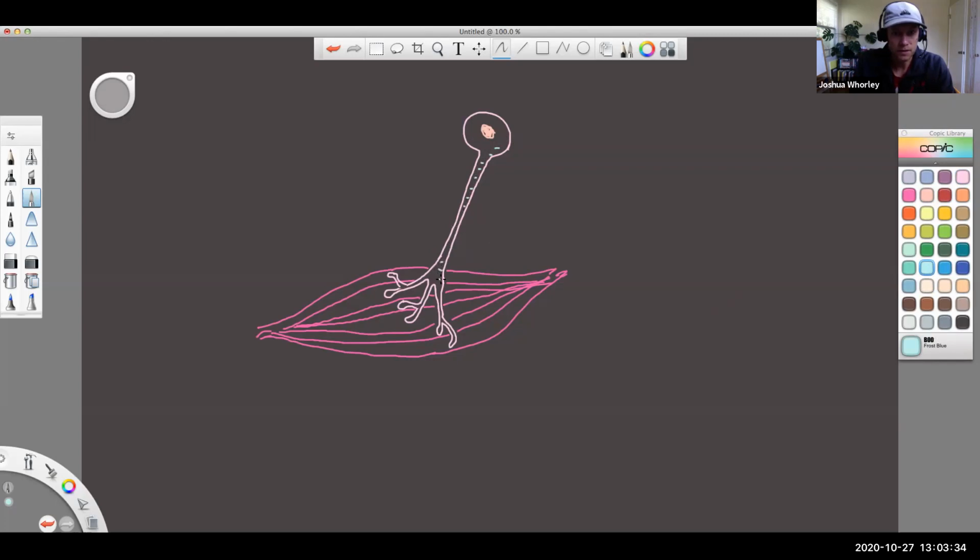Same with this muscle cell: inside it's relatively electronegative, and out here, it's relatively electropositive. That simple difference in charge right there is, as you know, potential energy, right? It's the energy of position.